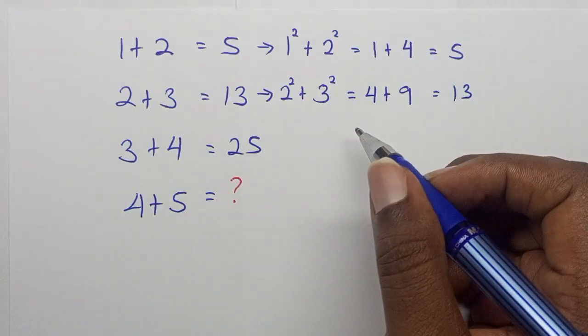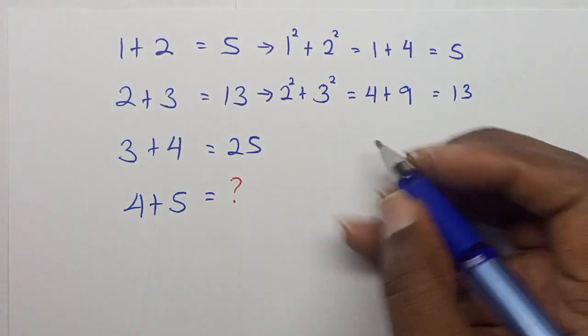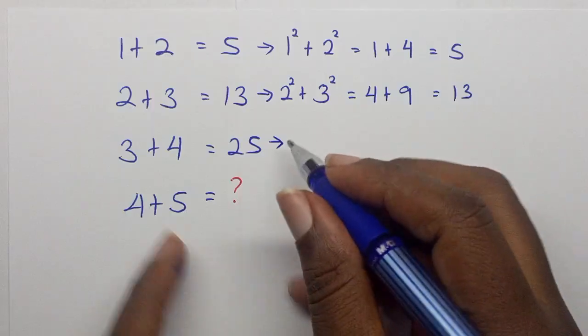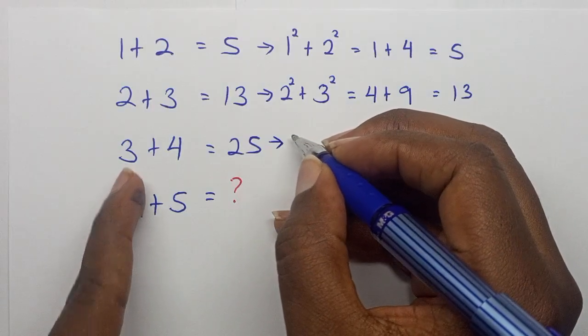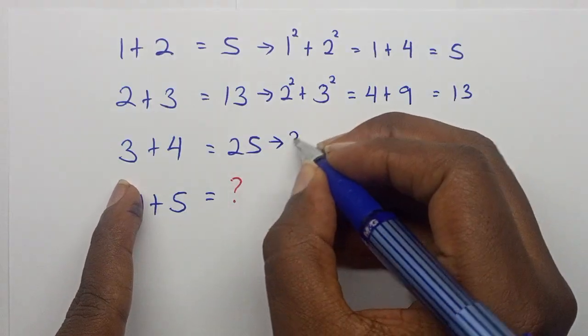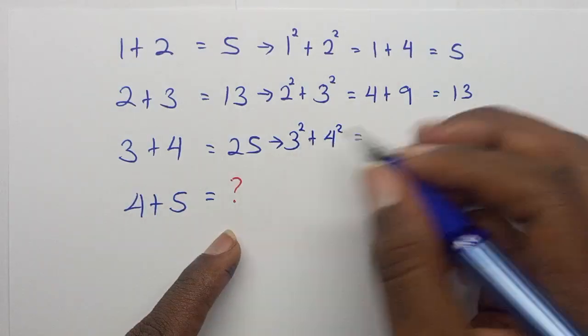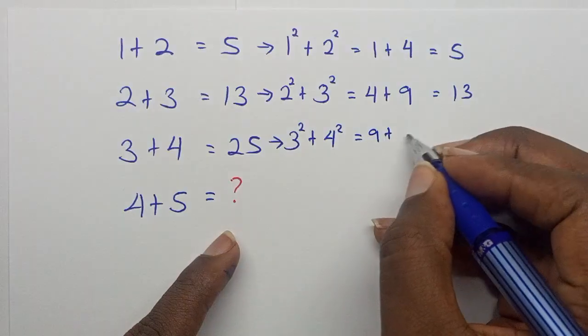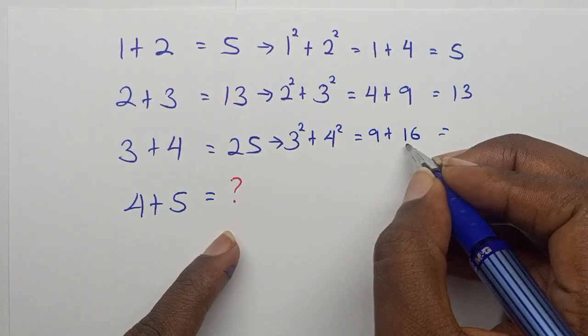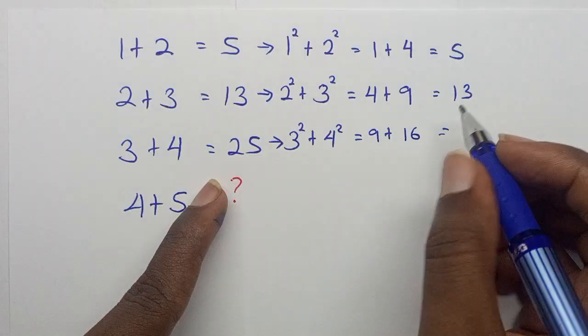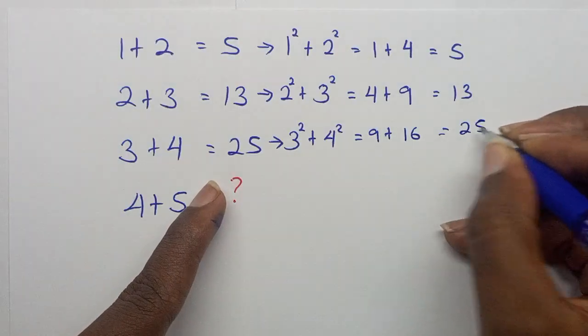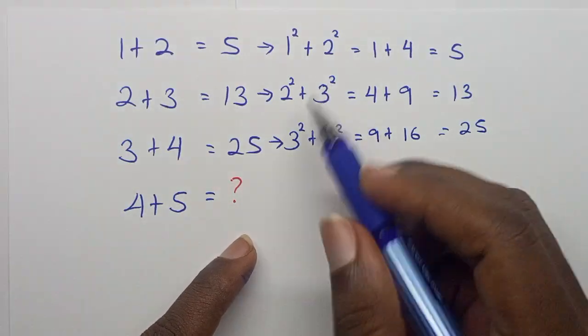So it seems like we are following the right track. Let's see the third one. If we follow the same procedure, we have 3 squared plus 4 squared. So 3 squared is 9. 4 squared is 16. Is 16 plus 9 equals to 25? True, it is equals to 25. That means our pattern is correct.